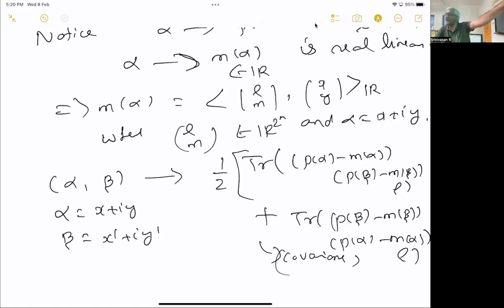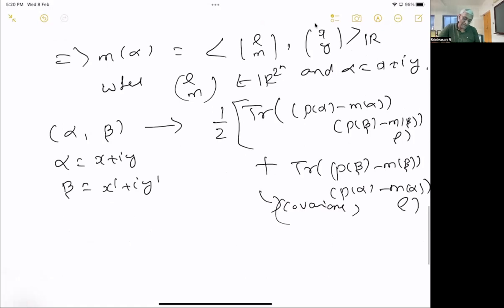I mean, P of alpha is one random variable. P of beta is another random variable. This is the covariance between those two random variables. They are non-commutative, and this is the covariance between them. Okay, you consider this. This is a bilinear map. Okay, real bilinear map.